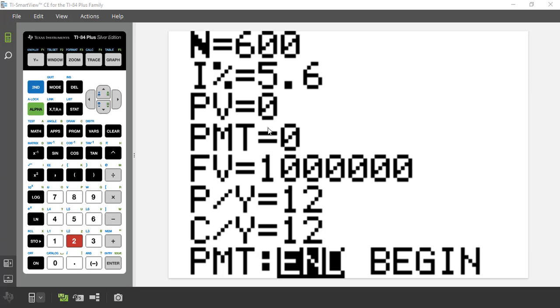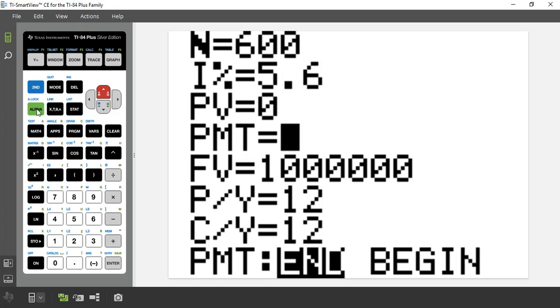Now, I already put this number into the graphing calculator, TVM Solver. Then you need to go to here, PMT, we are looking for. So how many dollars you need to put into this annuity account each month?